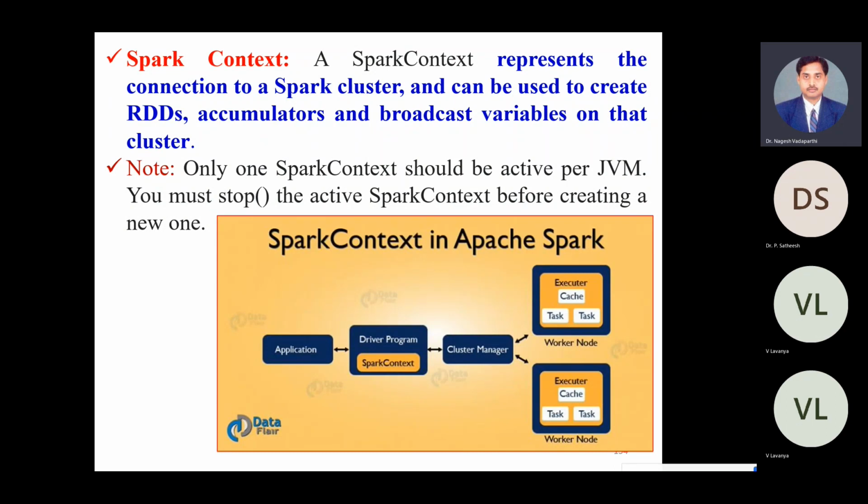Then it comes to the driver program, where we are using Spark context. See here in yellow, Spark context, that is called sc.parallelize. After giving the application as input, the driver program takes action with the help of sc.parallelize.